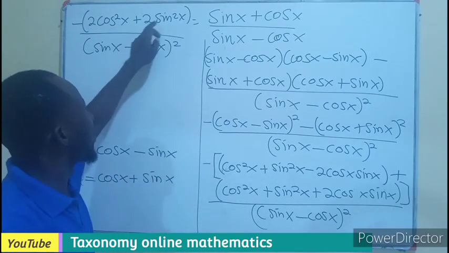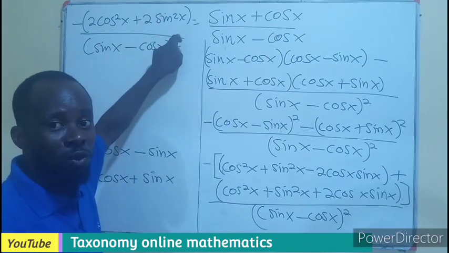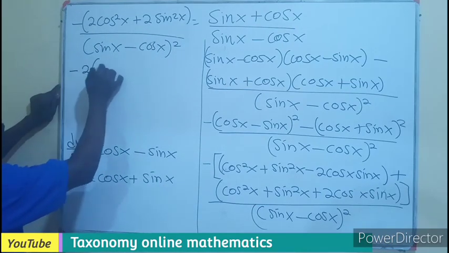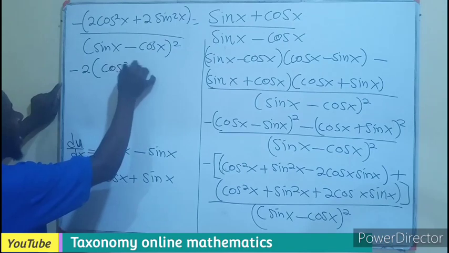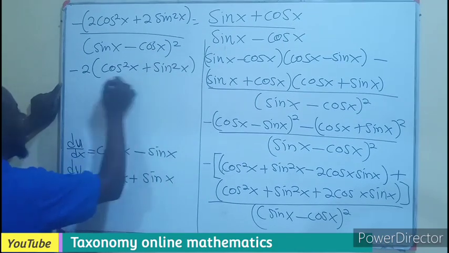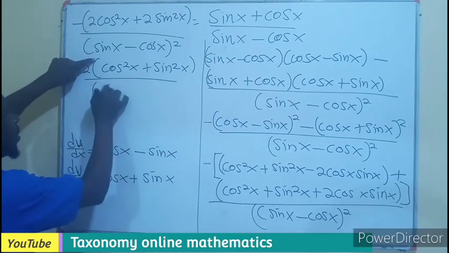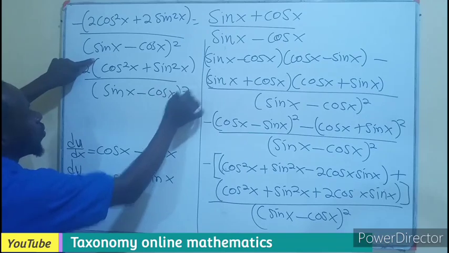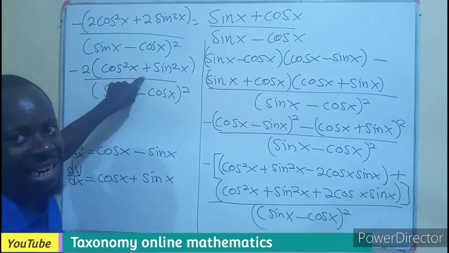Sin square plus cos square equals 1. So I will factor my 2 out to become negative 2 (cos square x plus sin square x), all still on (sin x minus cos x) all squared. So in your mind, you can say that this is 1.